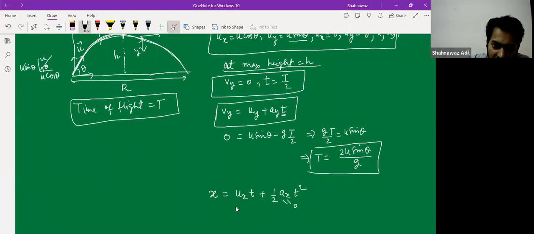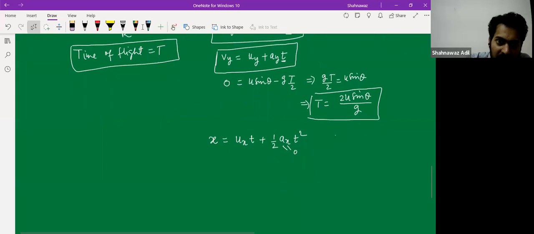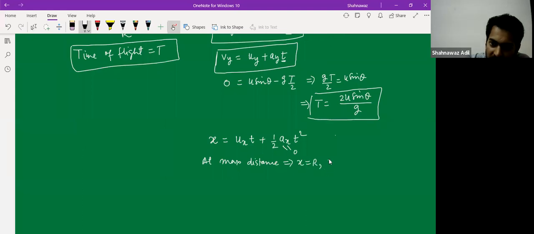So at maximum distance, your x is R, and your t is T, right? Right or wrong?